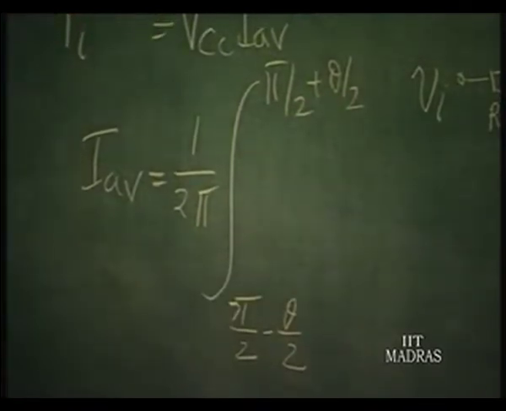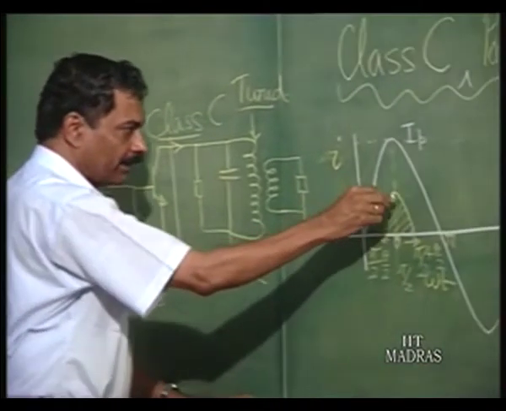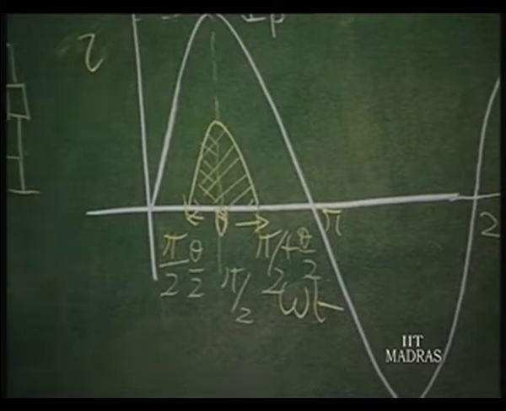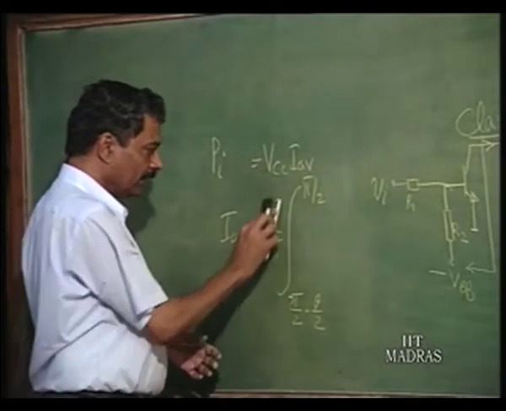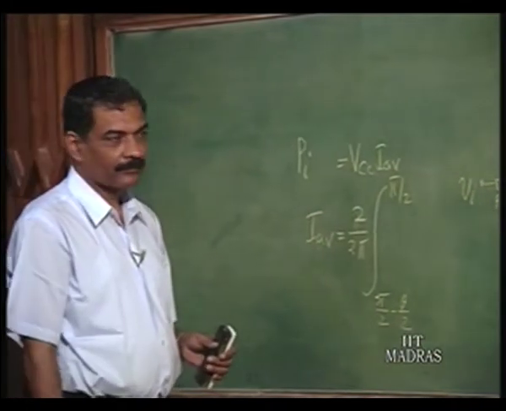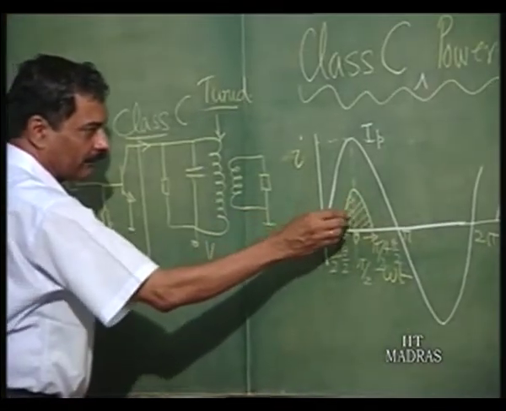In fact, we do not have to integrate all the way, because we can just integrate for this and double the area. So, I will do that. So, we can integrate up to pi by 2 and say it is double the area. So, this is what we are going to integrate now.